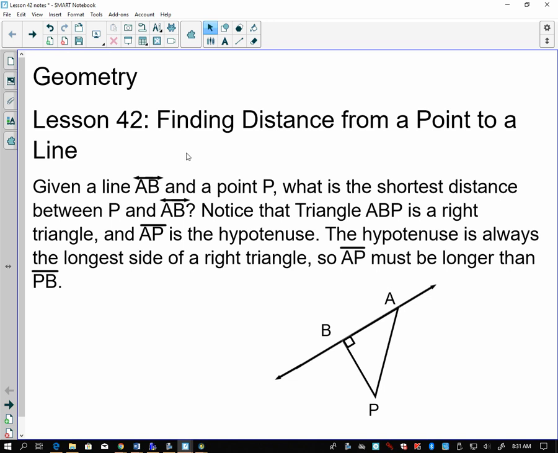So the shortest distance from point P to the line AB is not going to be the line AP. In fact, what we should learn is that the shortest distance is PB. It will always be the perpendicular line that connects a point to a line that it's not on.